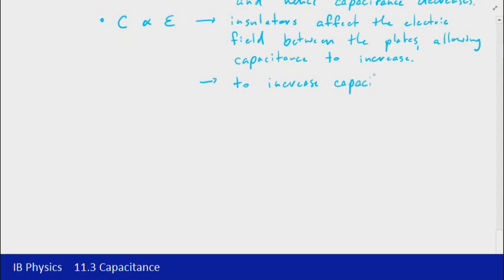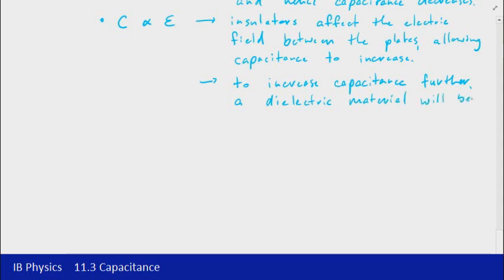So to increase capacitance further, we can actually use materials known as dielectrics. So a dielectric material can be used, make sure I spell that correctly. So a dielectric material will be used as the insulator.